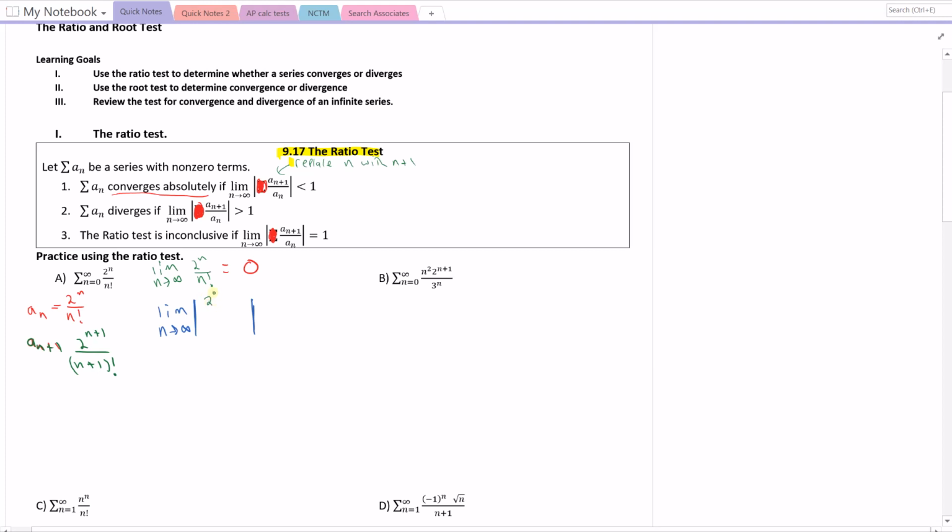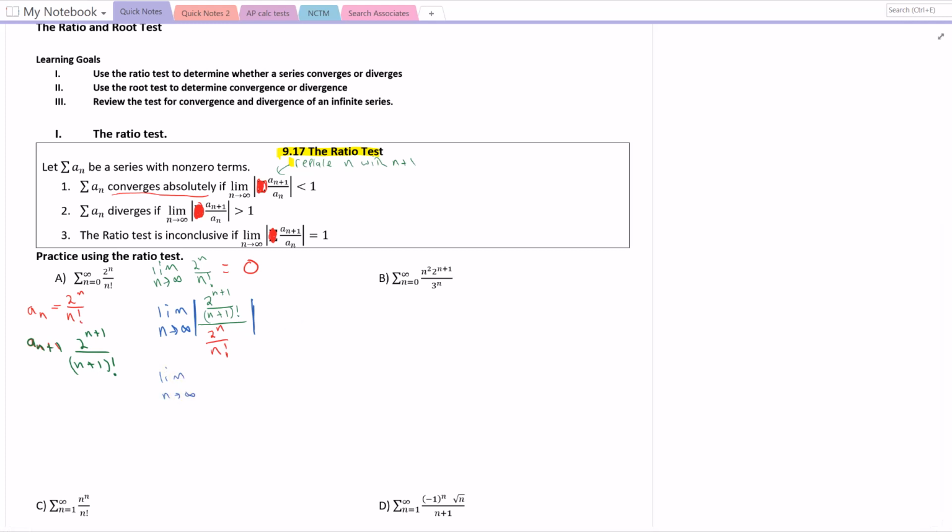So 2 to the n plus 1 over n plus 1 factorial, divided by 2 to the n over n factorial. Basically we're trying to show that this is less than 1. Well, we're trying to see what happens. So let's just do it. Limit as n goes to infinity.